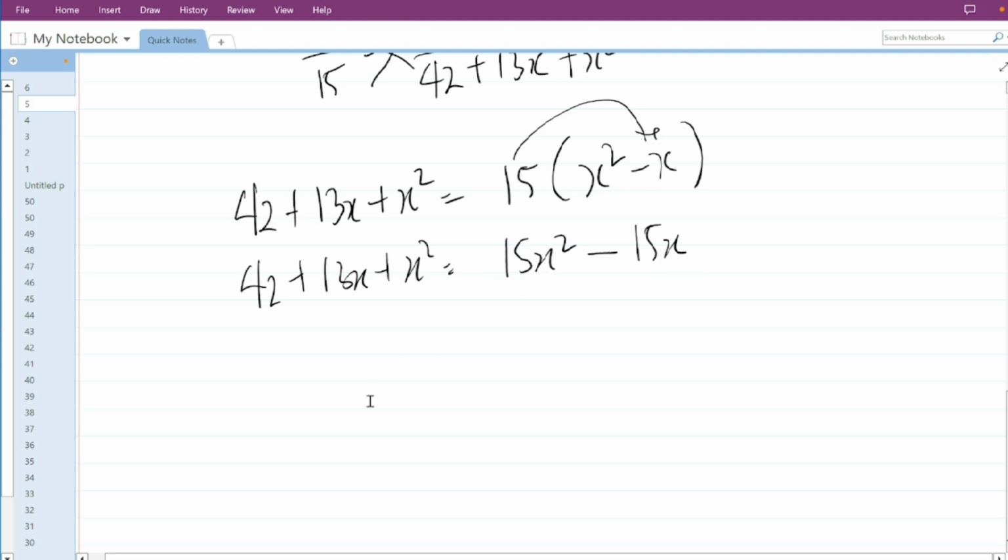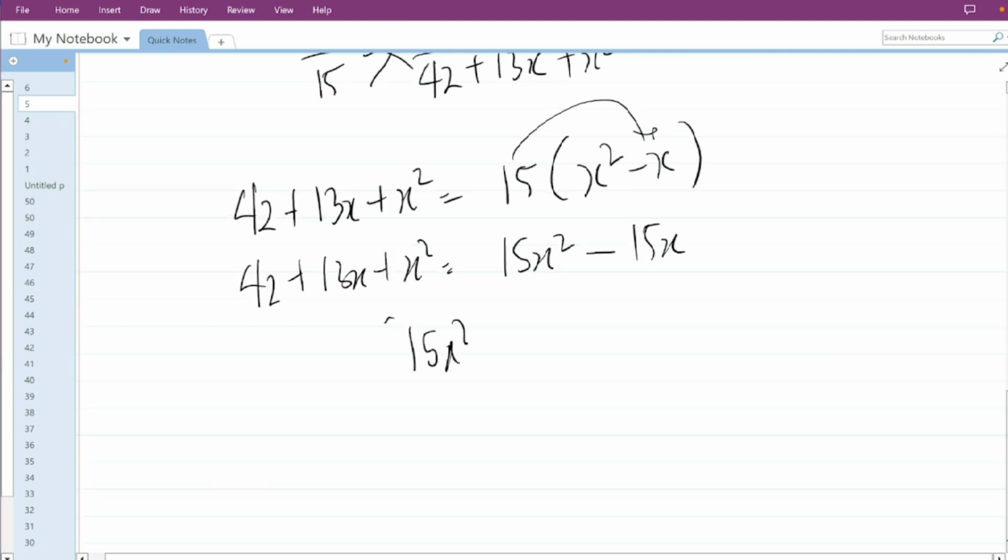So we have it as 15x squared, then the plus x squared goes over the equals sign. I've always told you, in cases like this, the positive or the negative sign in front of an algebraic expression or a number is always owned by that expression or that number. So we have a positive sign in front of it. It goes over the equals sign and turns to minus x squared. Then we have minus 15x.